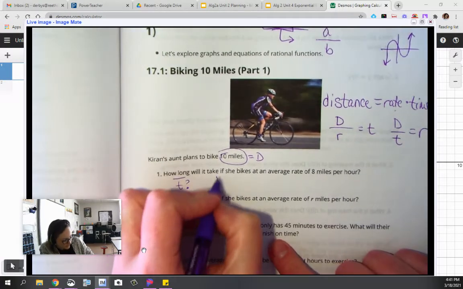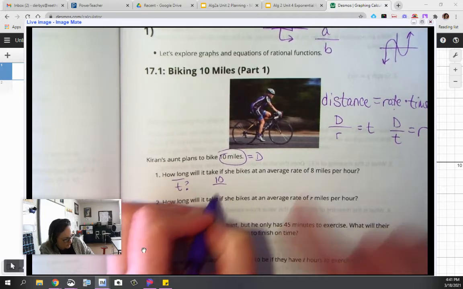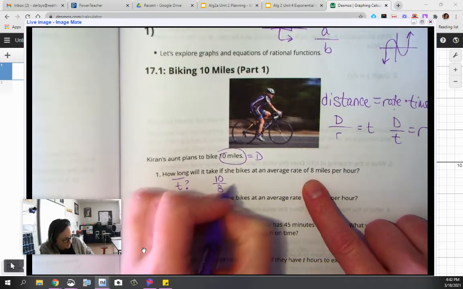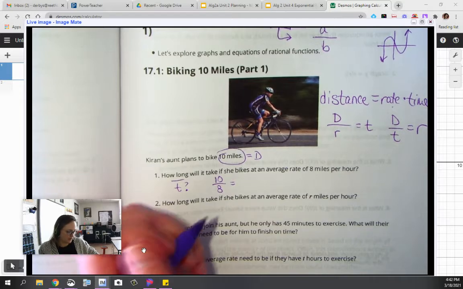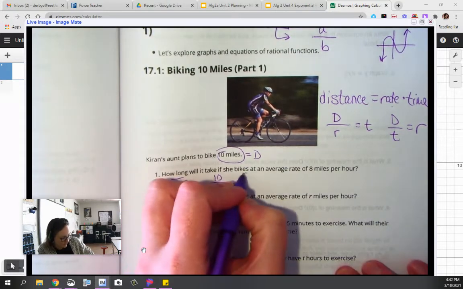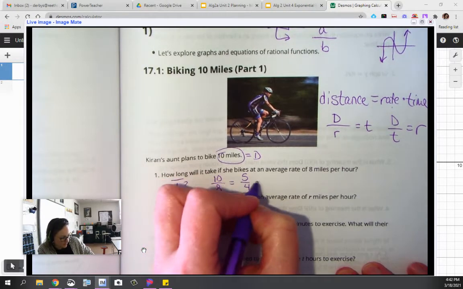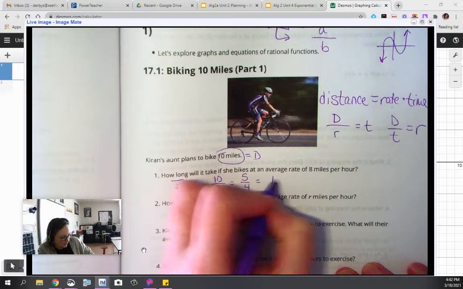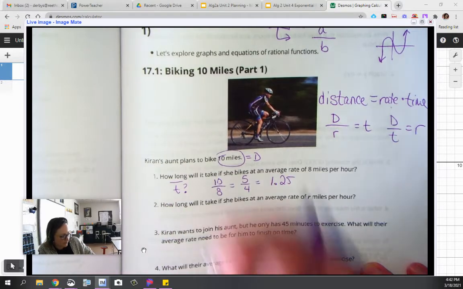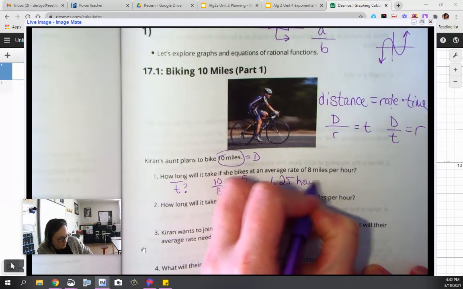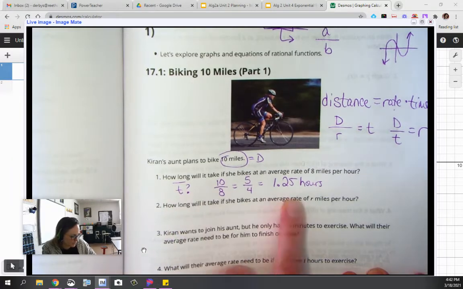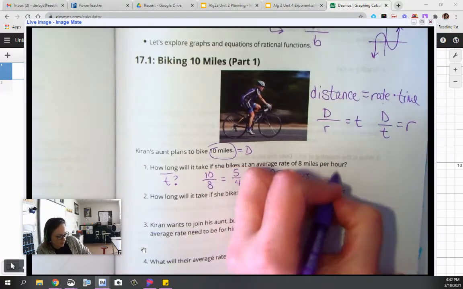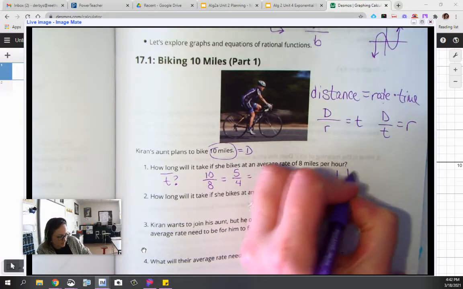Well, 10 miles of distance divided by the rate of 8 miles per hour, we could reduce that to 5/4, or 1.25 hours. So I know it's hours because time was our unknown. So it would take us 1 hour and 15 minutes.